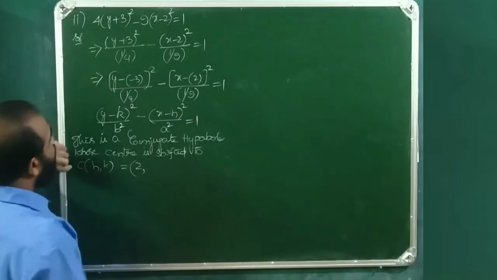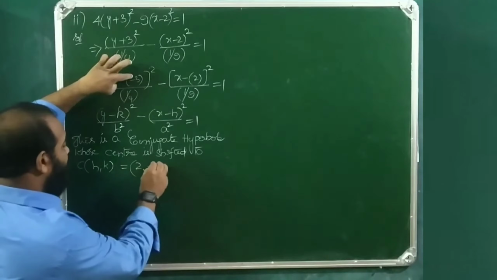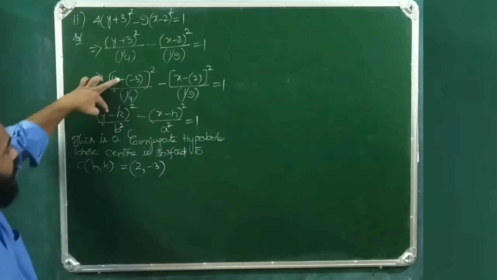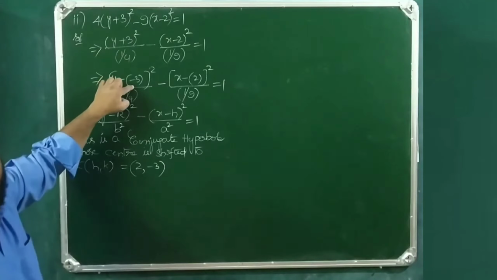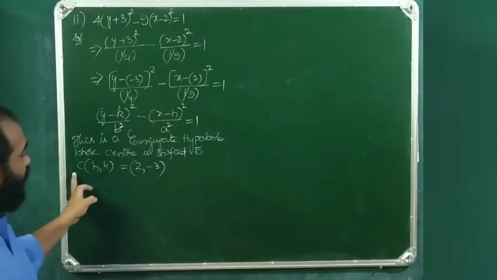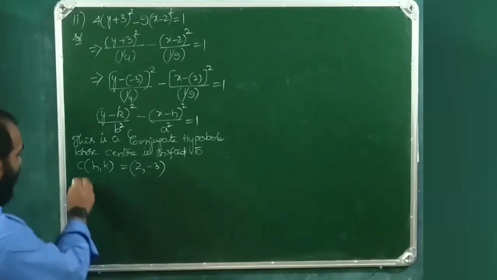So 2 comma, the value of k is minus 3 here. So minus minus same, in the place of k you may see minus 3 here. So this is the center.